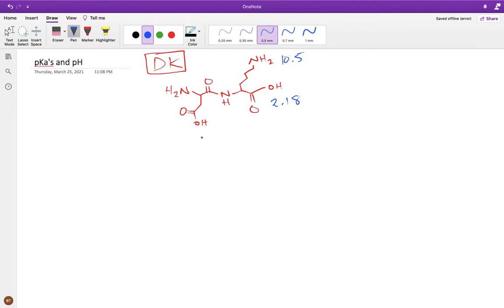Then we have a carboxyl group on an aspartic acid, which sits at about 3.7 for its pKa. And then we have the N terminus, the amine group, and for this specific amino acid it is 9.6.